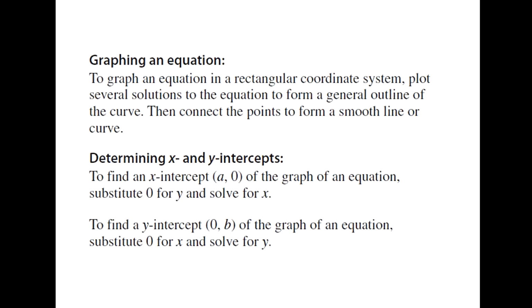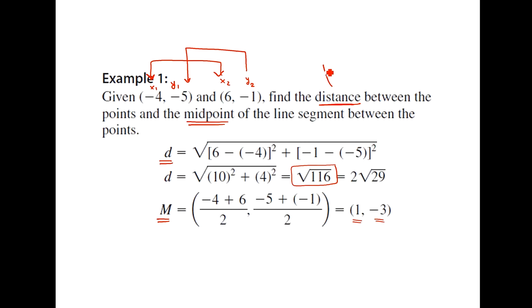Okay, no question. We need here to find the distance, this is d. We have two points, and we need to find the distance between them. This equals the radical of (x1 minus x2) squared plus (y1 minus y2) squared, putting x1 and y1 for the first point and x2 and y2 for the second point.